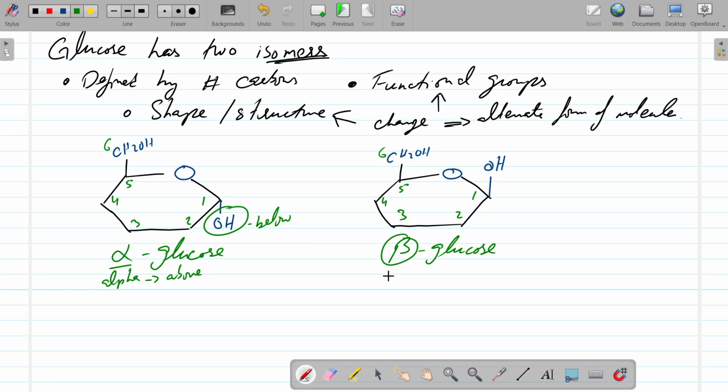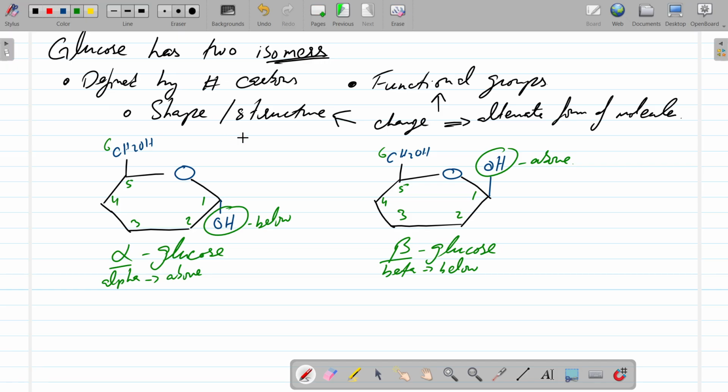And beta is with the B, so this guy is above, the opposite. I'm writing below because it's spelled with a B, and so is beta. And that's how I try to remember it. Obviously, if it works for you, that's good. If not, you can think of it another way.